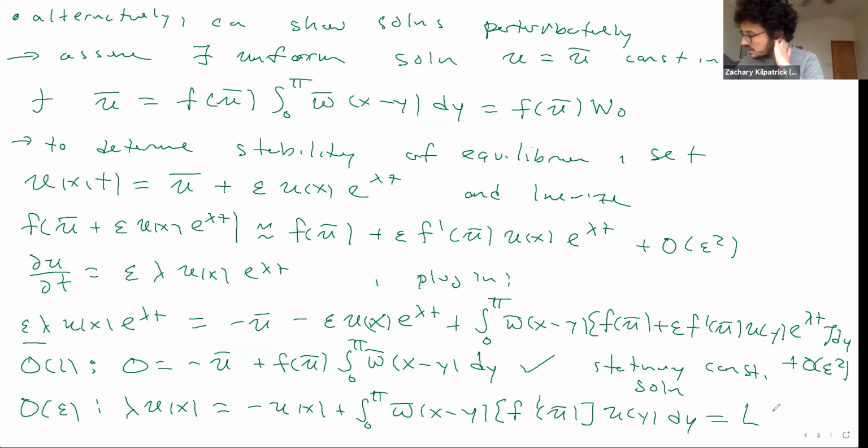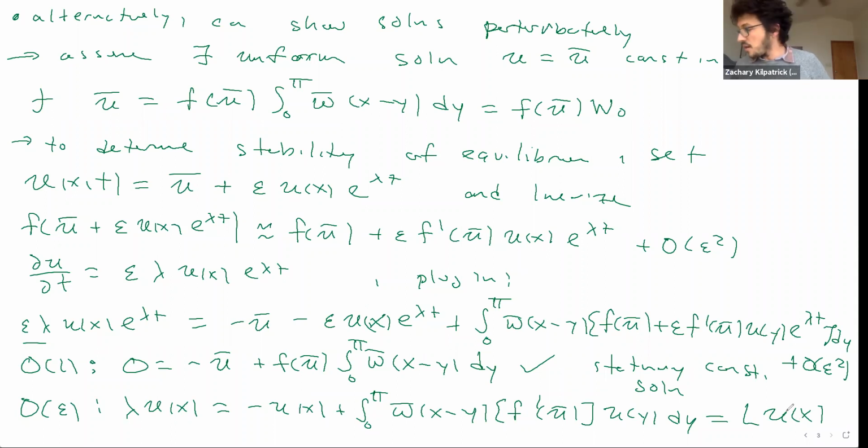And we're going to call this thing L U of x. This is a linear operator acting on U in this case, okay? So this should look like an eigenvalue problem. We have an eigenvalue, an eigenfunction, okay, equal to some linear operator.